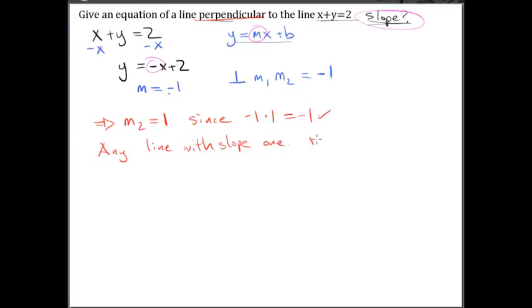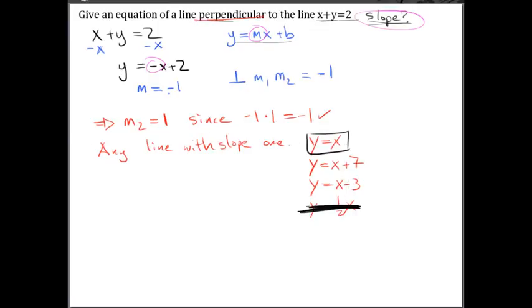Like maybe y equals x, that would be perpendicular. Y equals x plus 7, that would be perpendicular. Y equals x minus 3, that would be perpendicular. Y equals 1/2 x, now that's not perpendicular. We'll say y equals x. That's our perpendicular line.